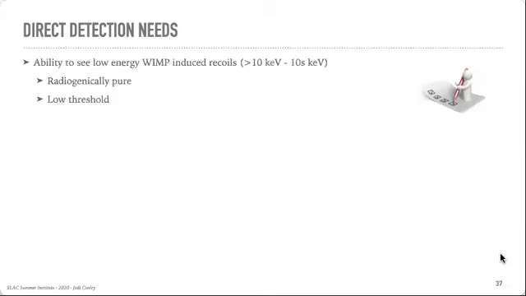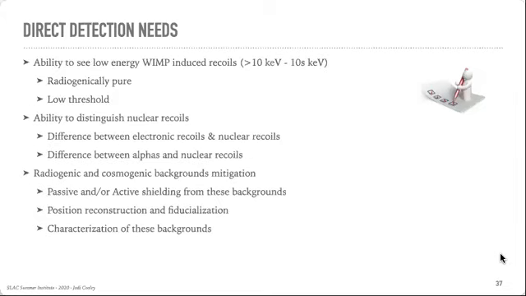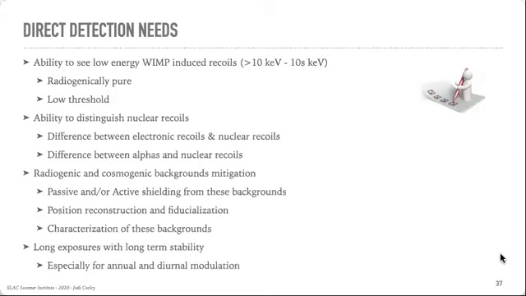All right, so let me summarize our direct detection needs. We need the ability to see low energy WIMP-induced nuclear recoils, and these energies can be anywhere from less than 10 keV to tens of keV. So we need radiologically pure materials. We need the ability to measure low thresholds.